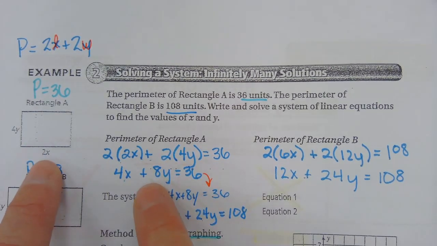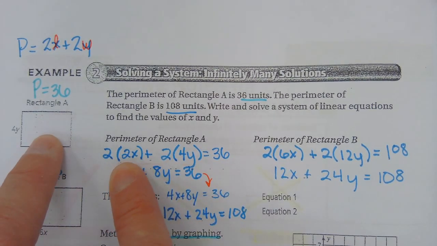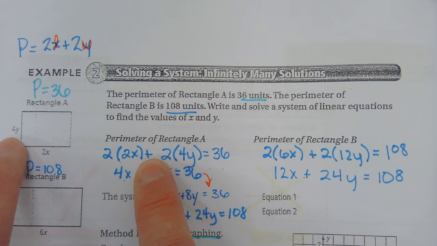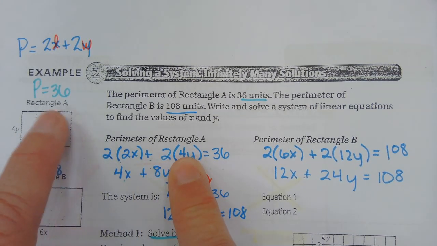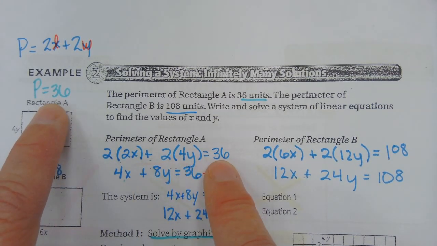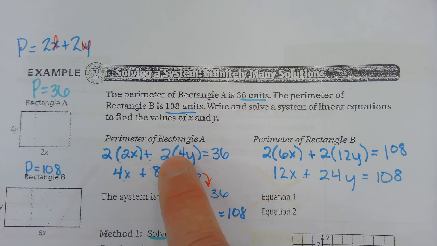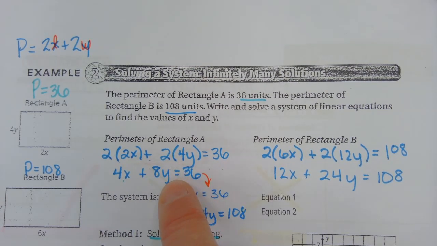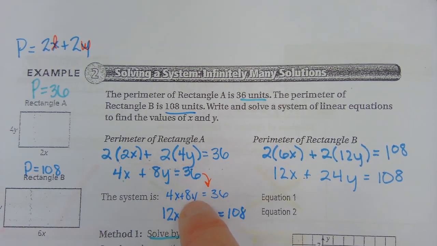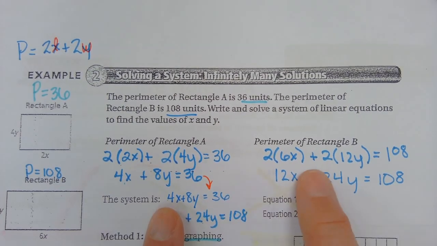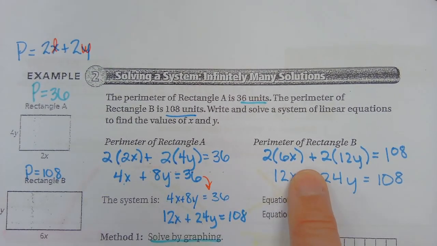Starting with A, we have two sides that are 2x, plus two sides that are 4y, and that equals 36. So that's our first equation. We're going to simplify that. 2 times 2x is 4x, plus 2 times 4y is 8y, and we're going to bring that down to be equation 1.